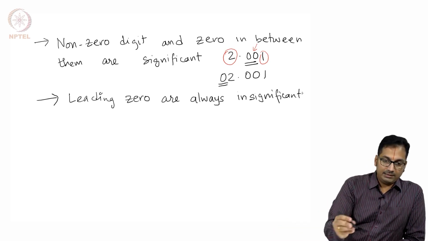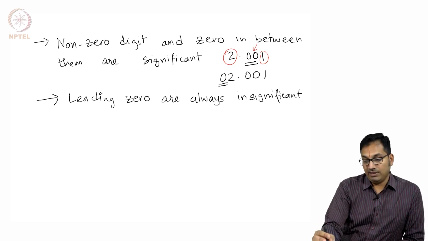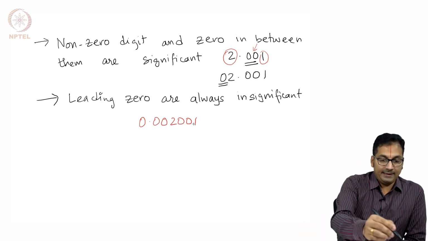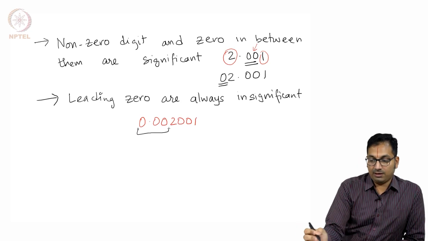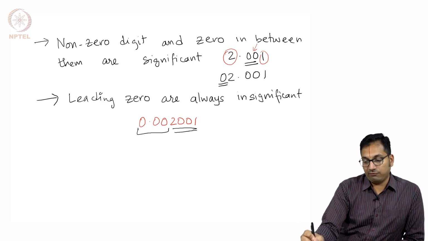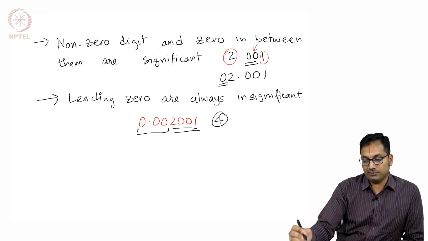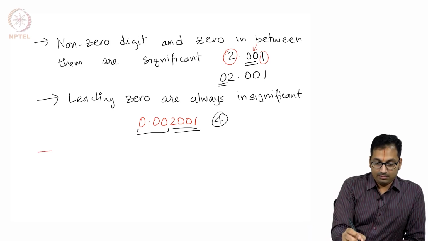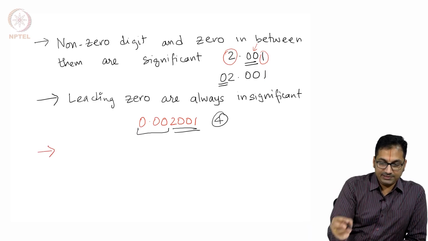So what do I mean by that? Let us take an example. Let us say we have 0.002001. In this case, these zeros are not significant and these 4 digits are significant. So this still remains as something like this. Now let us ask about trailing zeros.